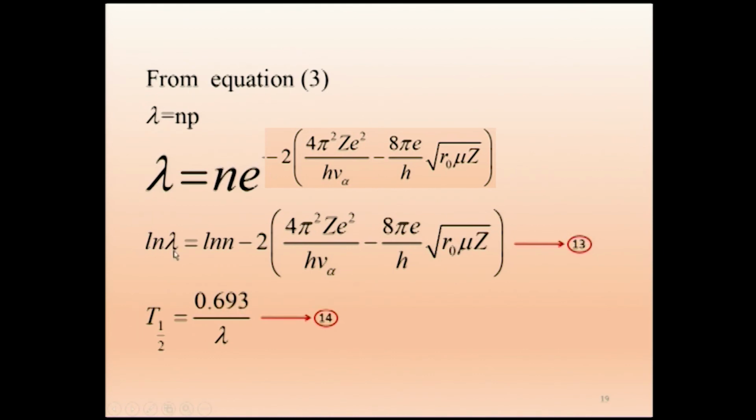So, log lambda is equal to log N minus this quantity, and this is the decay constant. Now, what is the half life of the alpha particle emerging out? T half is equal to 0.693 by lambda. So, lambda is got from this, T half is got from this. So, we will be able to find out the theoretical half life using this Gamow theory.